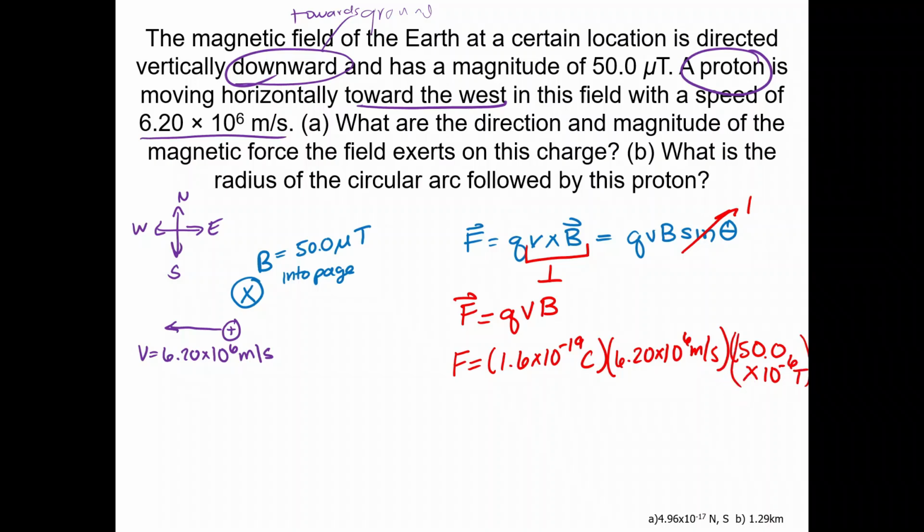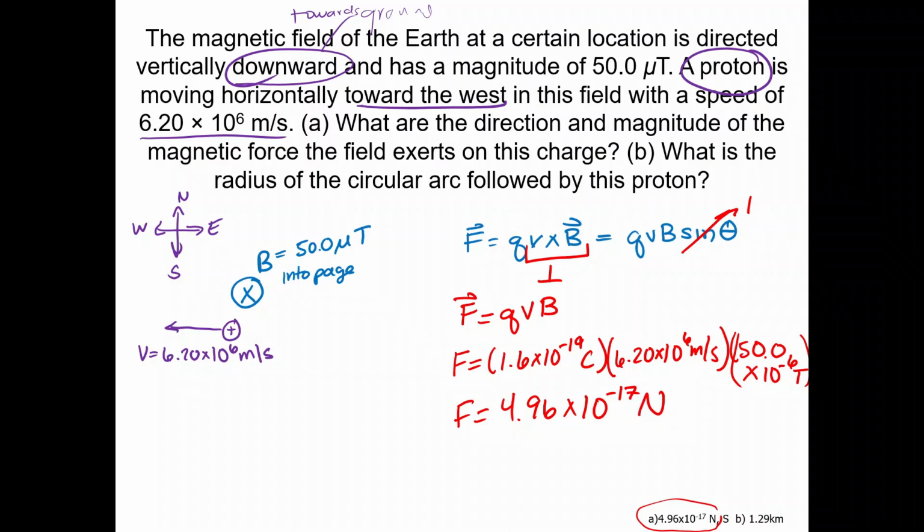Micro is times 10 to the negative 6. If you plug that in, you should get a magnitude of 4.96 times 10 to the negative 17 newtons. So that's a very, very small force.